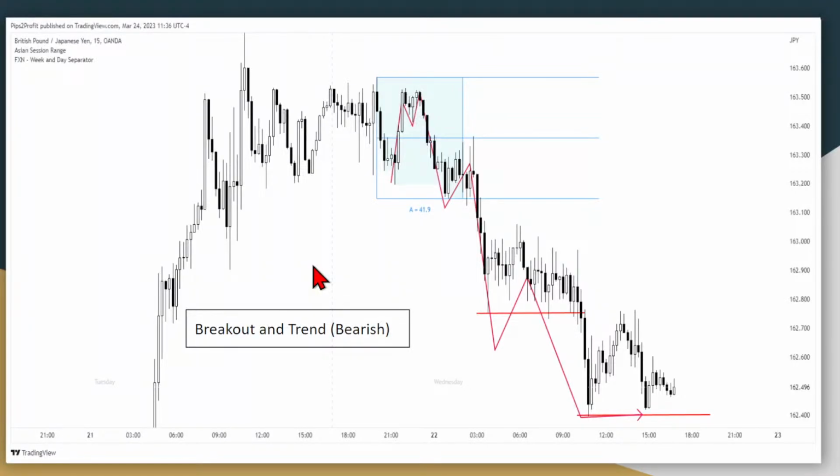For everybody watching, does anybody have any questions up until this point? I understand that I'm going at a fair pace, but I just want to show these ranges and explain a little bit about what to expect within the day, and then I'm going to get into how to frame trading ideas around this. But as of right now, how's everybody doing?